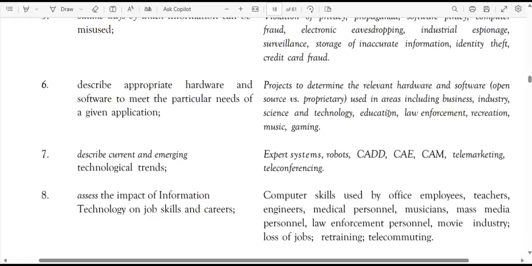When it comes down to science and technology, the purpose of hardware and software is data analysis, simulation, research documentation. The hardware that will be used in science and technology could include high performance computers, lab instruments, 3D printers. For open source the software could be Octave, for proprietary it could be ChemDraw.